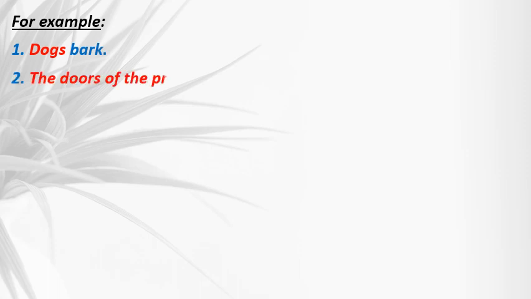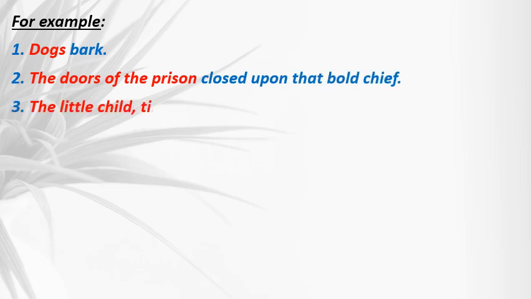Now let us see a few examples to clarify it. Number 1, dogs bark. Number 2, the doors of the prison closed upon that bold chief. Number 3, the little child, tired of play, is sleeping. It will be seen that when the subject consists of several words, there is always one word in it which is more important than the rest of the words.